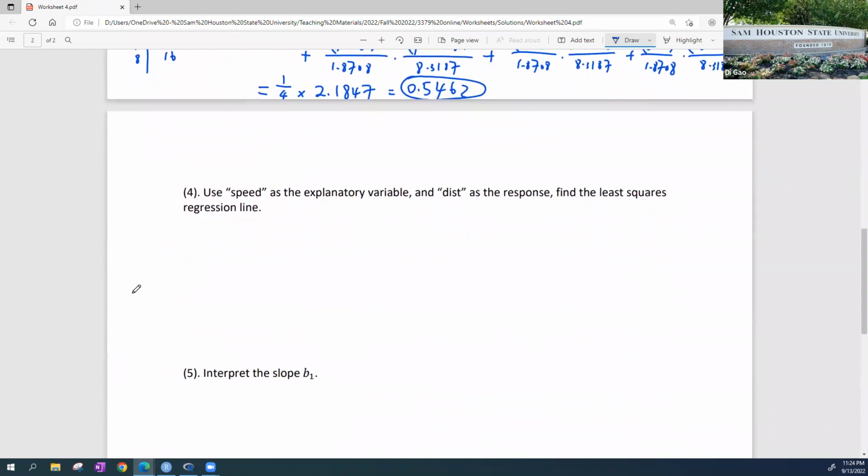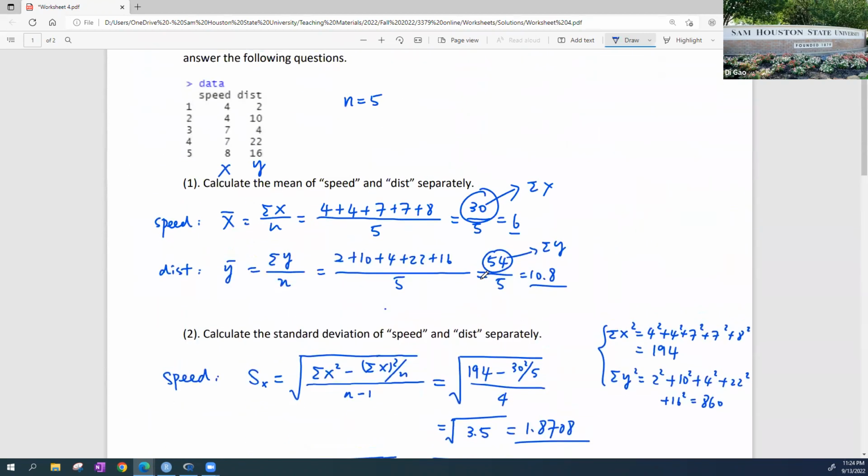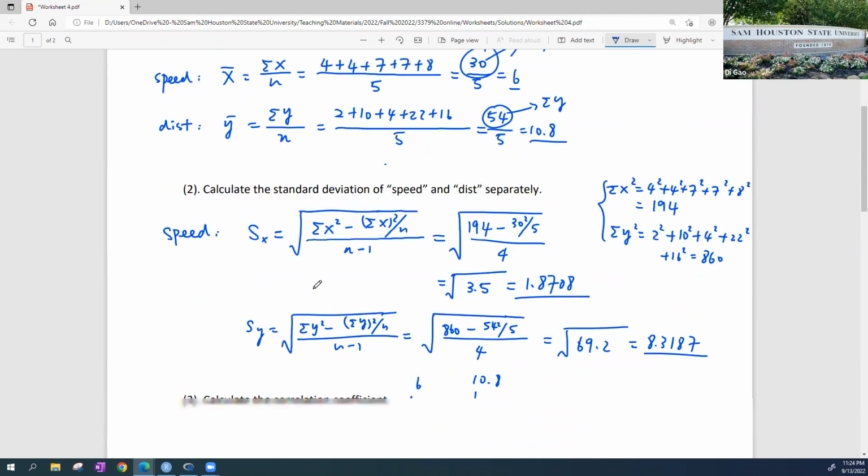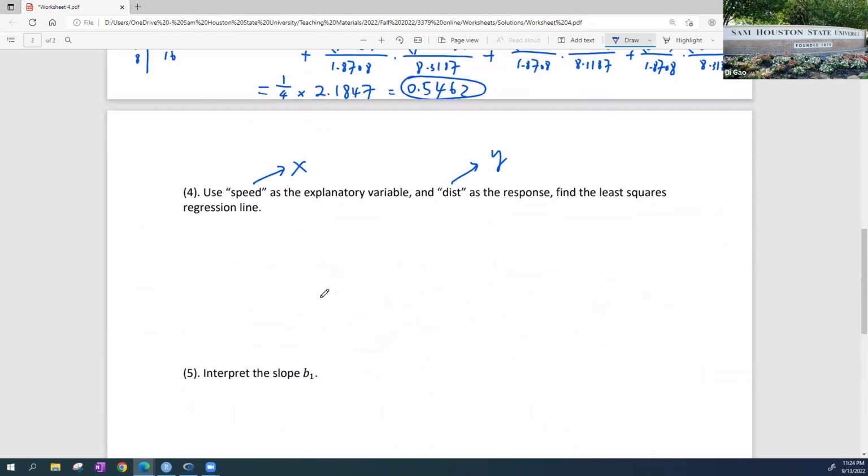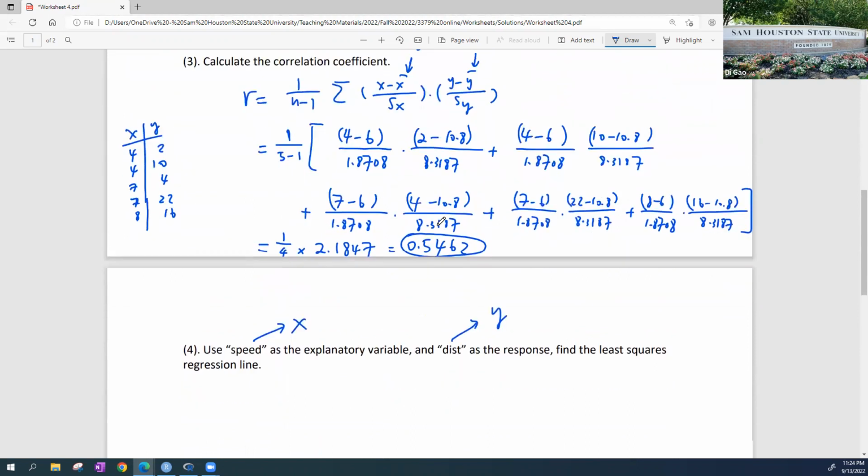Okay, question number 4. I want to use speed as the explanatory variable. So that's our x. And response, we use y to represent response. Distance is y. So when we calculate the correlation coefficient, we happen to have that xy set up. So we can still use what we have calculated already.